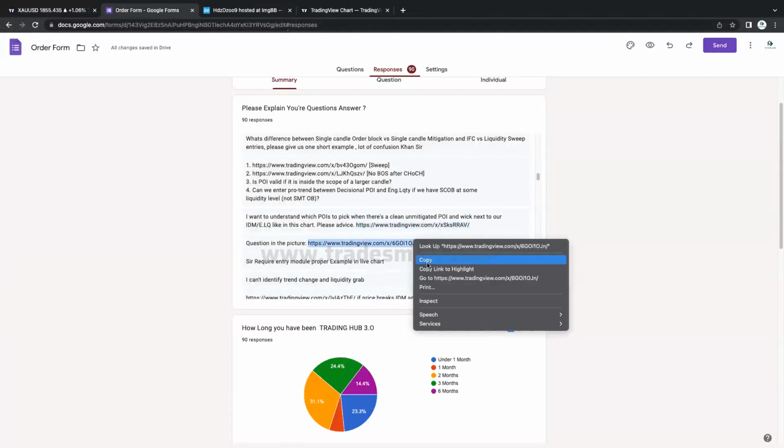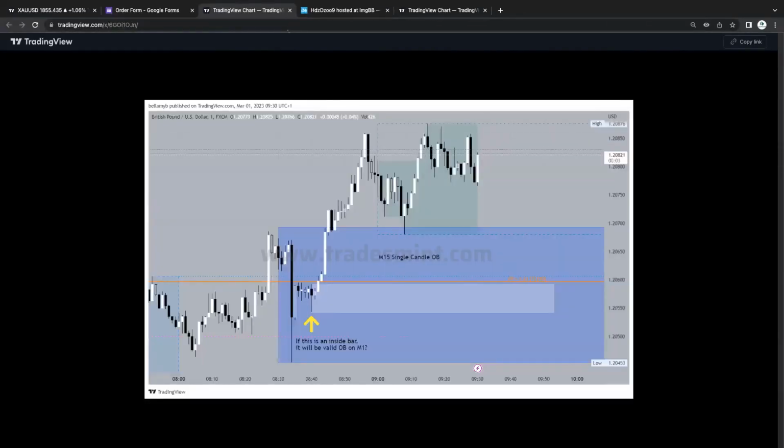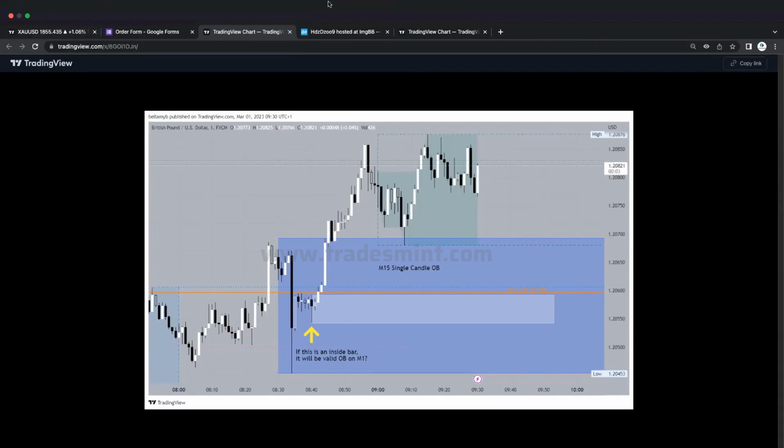The next question is here. Okay, the next one: this is an inside bar; which will be used as a valid order block in M1? Sir, in this case, you can see what is happening here.